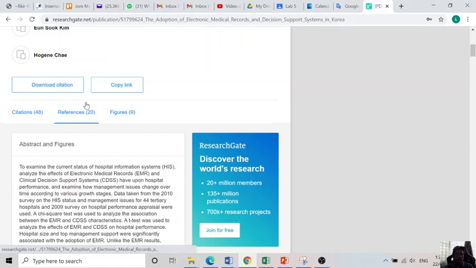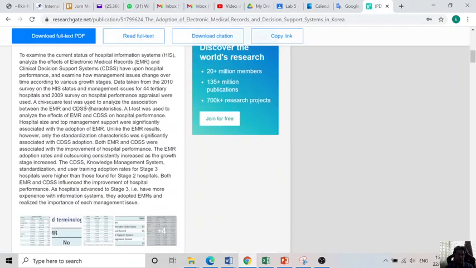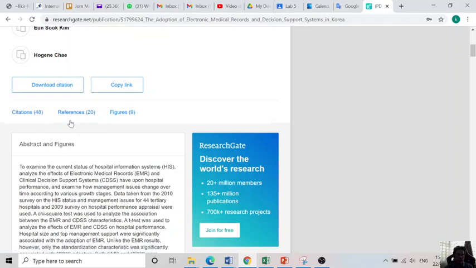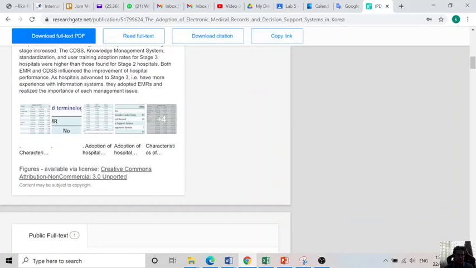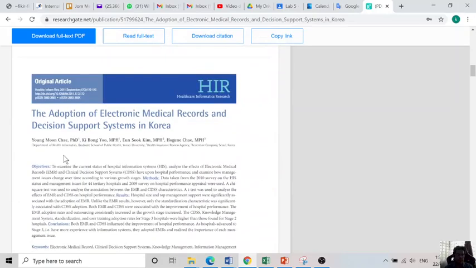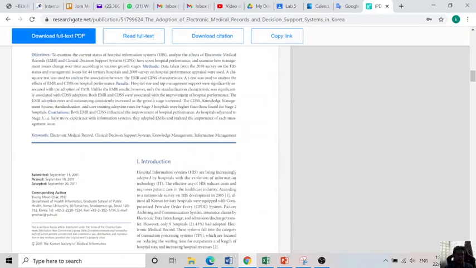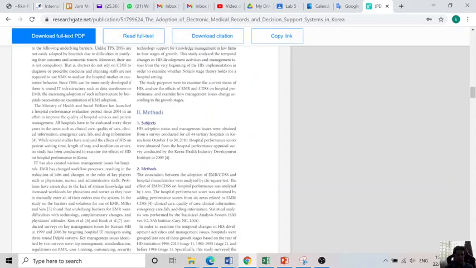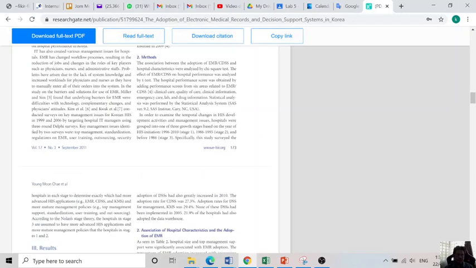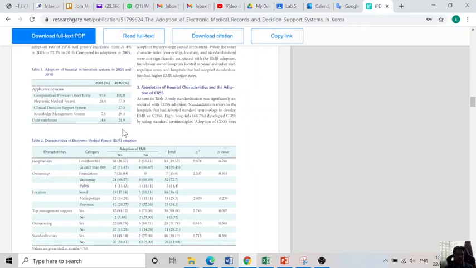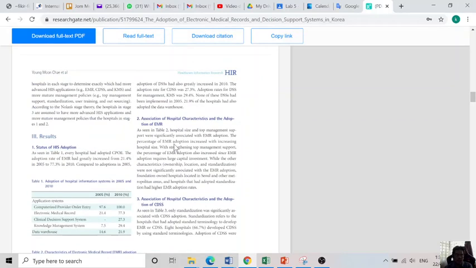So after you download this article, you read it. Read the abstract, and then read the introduction. Read the method. So you will see the background of the research. They call it EMR, CDSS. Maybe their terms are different. Maybe CDSS, KMS. What is KMS?